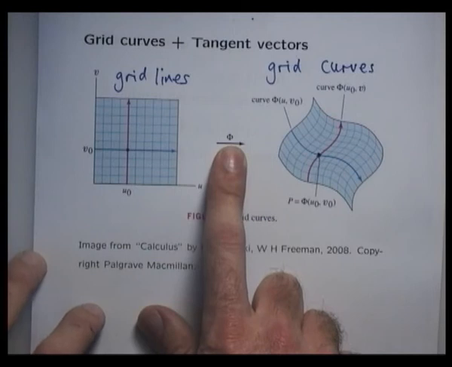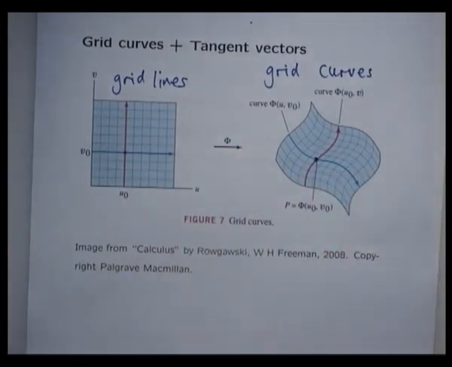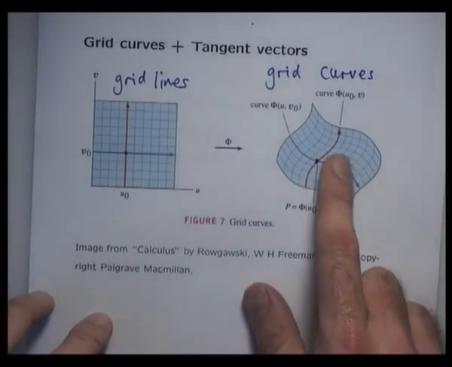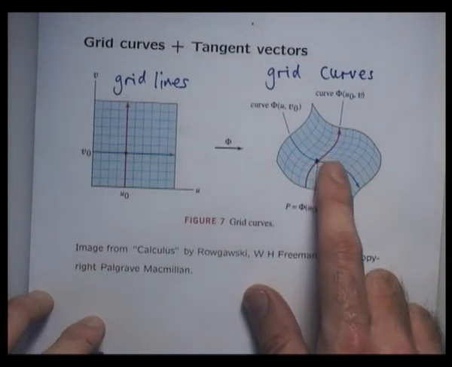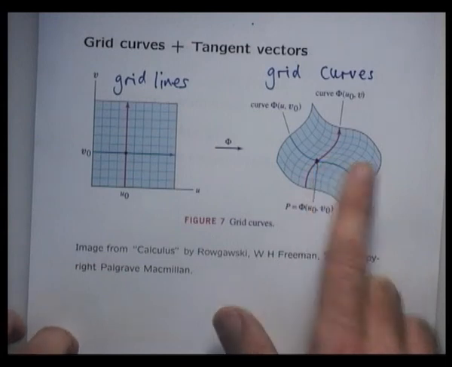Essentially what you get here, very loosely speaking, are curvy parallelograms. You can think of these partition sets as little curvy parallelograms.